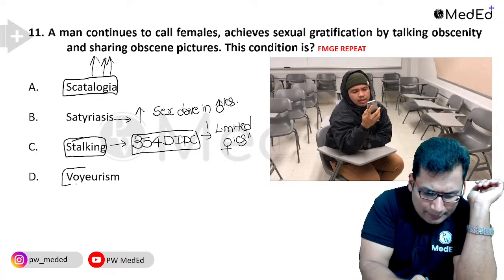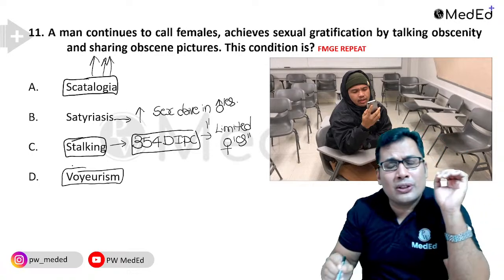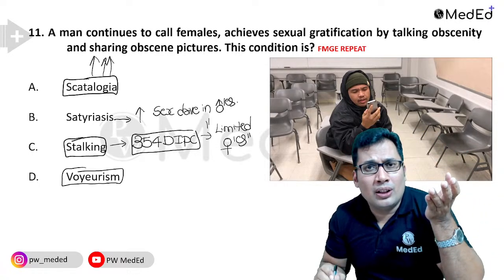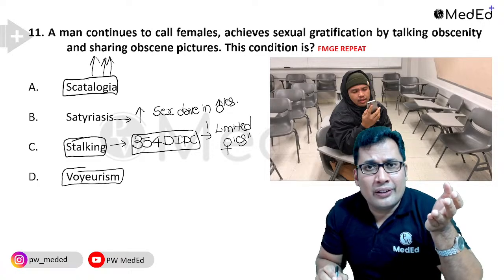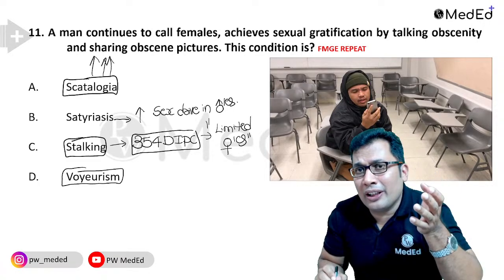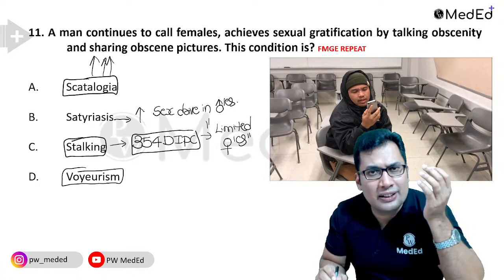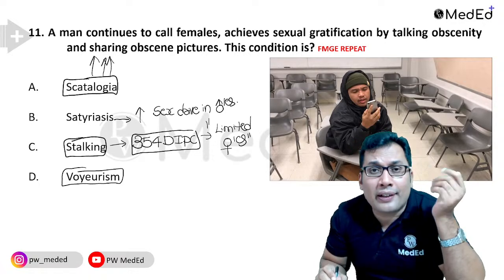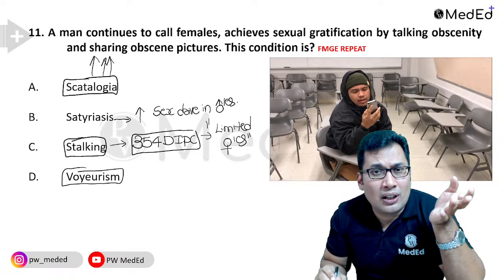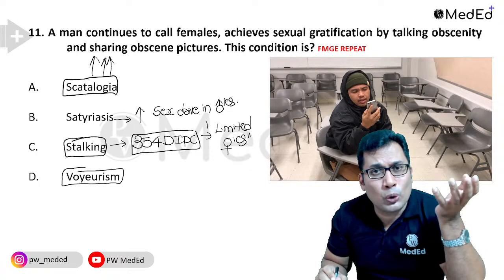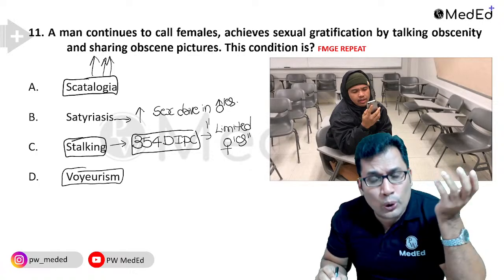Voyeurism. What is voyeurism? Voyeurism is also known as peeping Tom. Taking images or videos of a female while changing dress, while using a bathroom or toilet, or in a dressing room in malls or cloth shops.